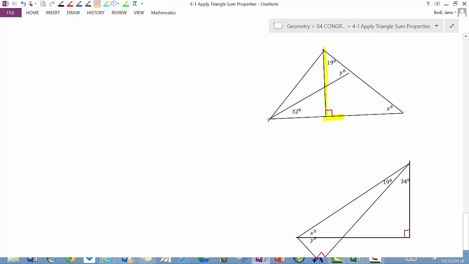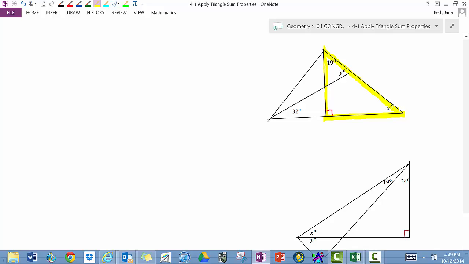Okay, there is my right triangle, and I know that x degrees plus 19 degrees plus 90 degrees is equal to 180, and therefore if you do your arithmetic, x will be 71 degrees.